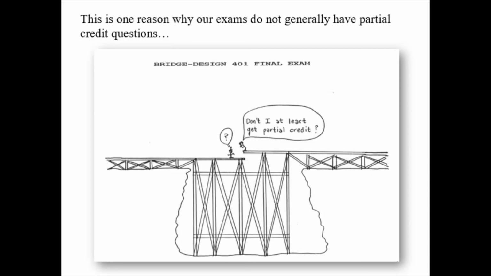And this little cartoon that I remember from graduate school, I had a colleague that had it hanging on their door. It was a cartoon, something like this. I've reproduced it as best as I can with my own drawing and my own sketching there. But it was called the Bridge Design 401 Final Exam. And the student is up there on the one part of the bridge saying, don't I at least get partial credit?